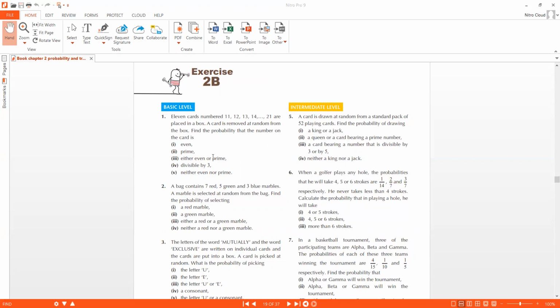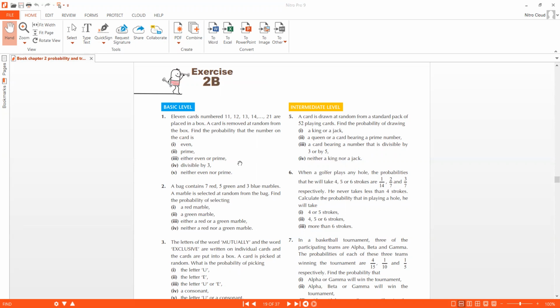Fine, that's good. Now what is the probability of getting a prime number? You have 4 out of 11. Very nice. So either even or prime: you add 5 over 11 and 4 over 11, which is 9 over 11.